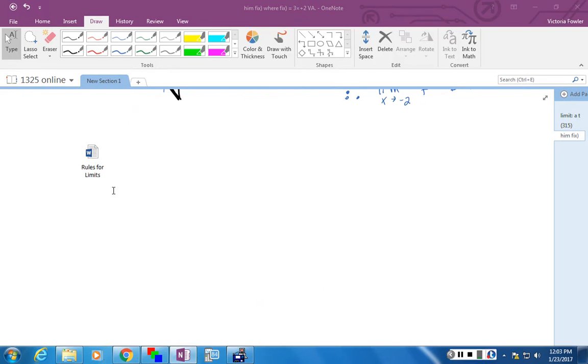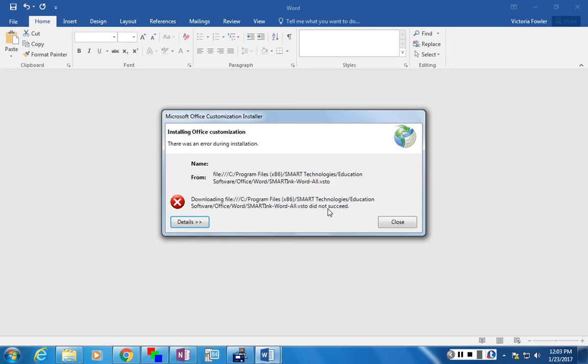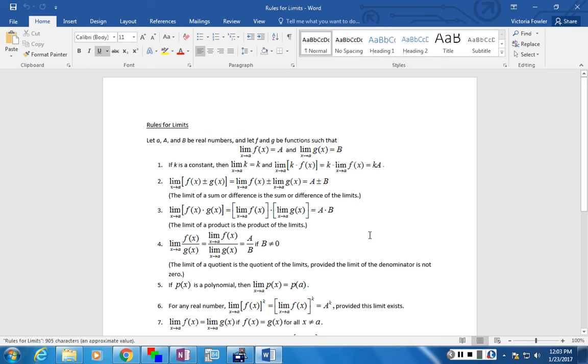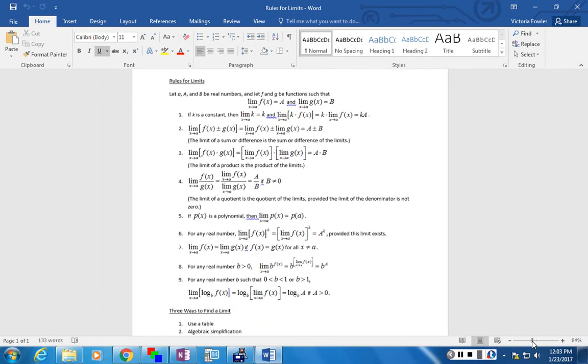It turns out we have all kinds of rules or properties of limits that other mathematicians have come up with and said, hey, you guys can use these to make your life easier. So I'm going to open this up, if it allows me to, and perhaps it does not. Okay. And I've got them right here. And so let me zoom out just a hair on this.